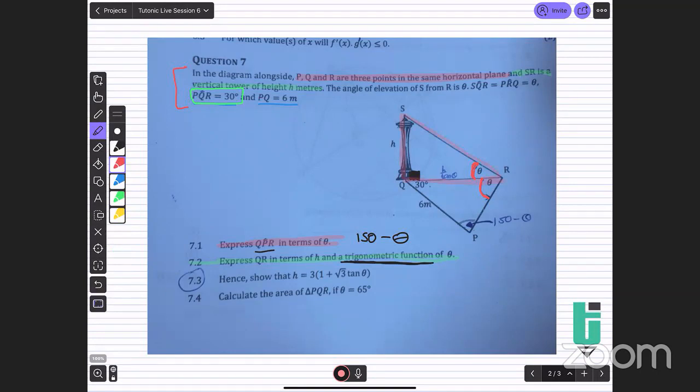They tell you that SQ is h, and then they give you the angle R, which is theta. And they want QR, which is next to the angle, so it's adjacent and opposite. So it's tan. That's why you say tan theta equals h over QR.